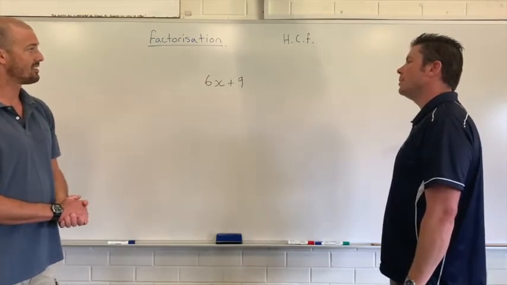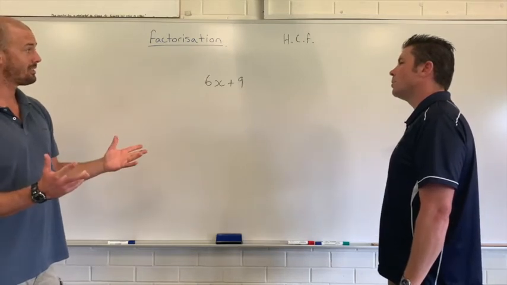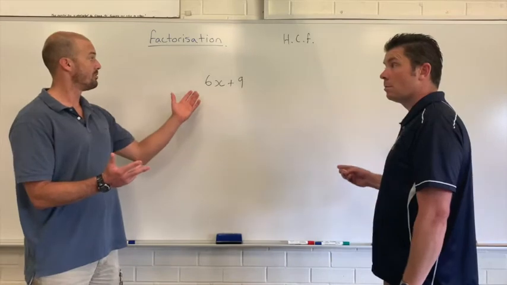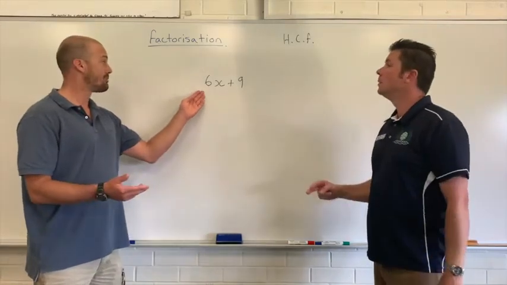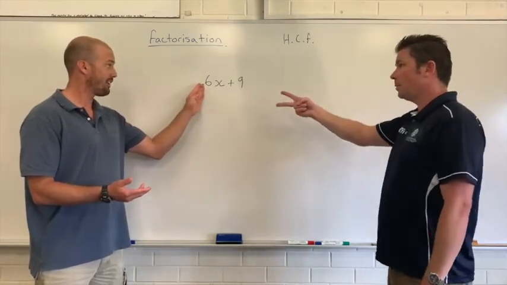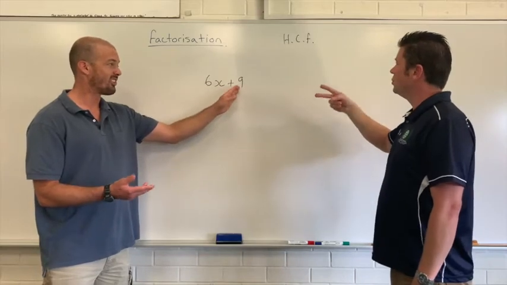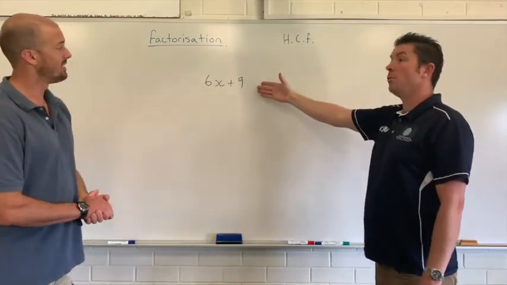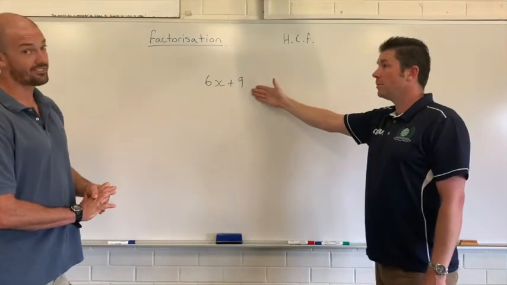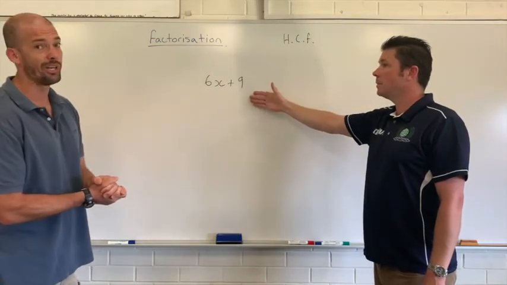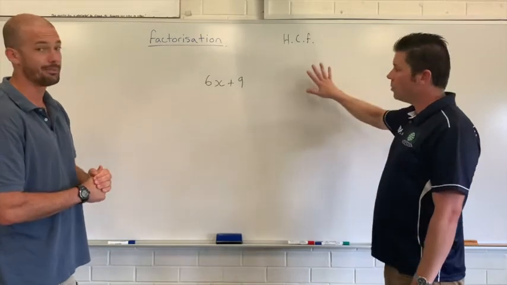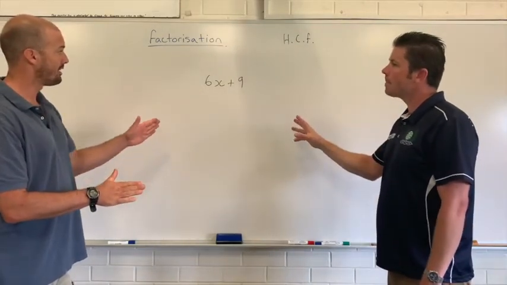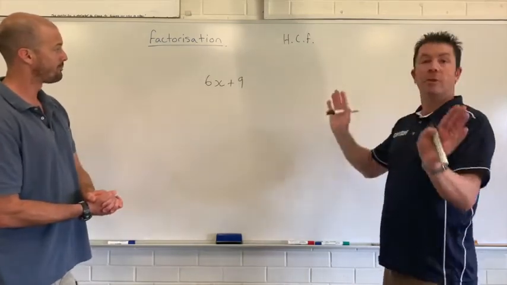What about 2? 2 times 3 is 6, but 2 times 4 is 8 and 2 times 5 is 10, so I can't get 9. You'd need 4.5, but the highest common factor has to be a whole number. So I'm thinking 3.